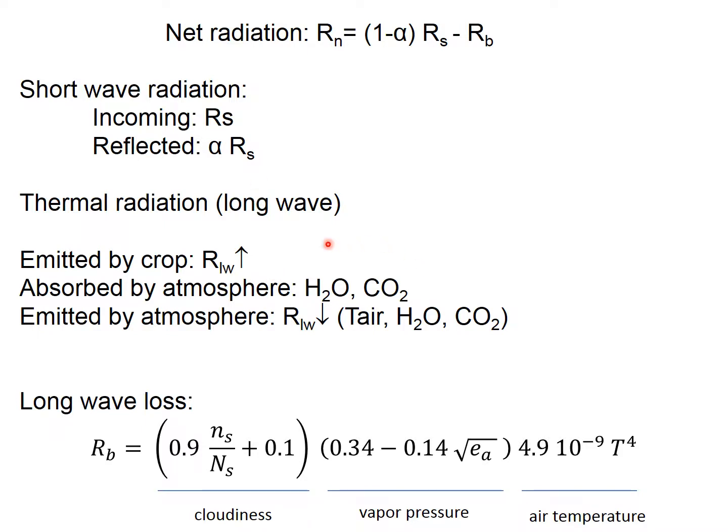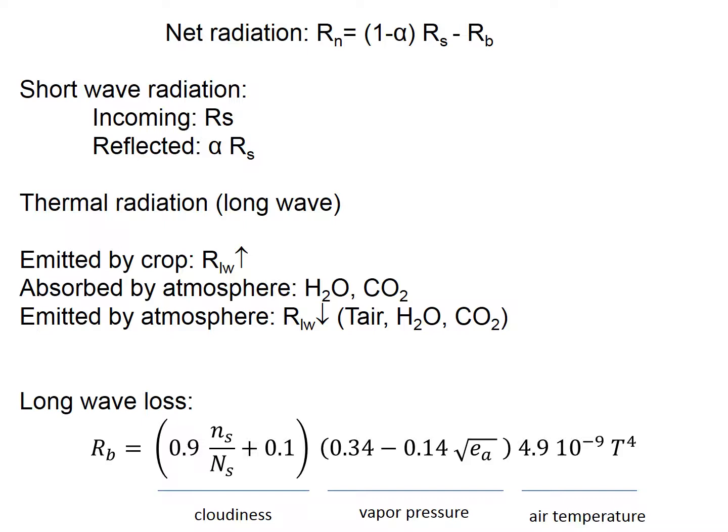Then part of this radiation is absorbed by the atmosphere molecules, mostly water vapor and CO2, and then the atmosphere will emit radiation according to its temperature and to the concentration of these molecules, and part of this emitted radiation will go back to the Earth's surface.